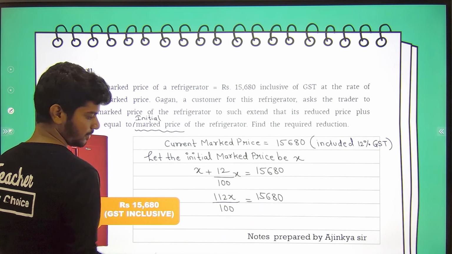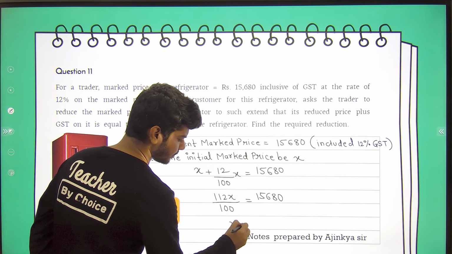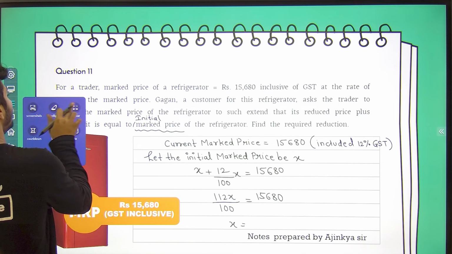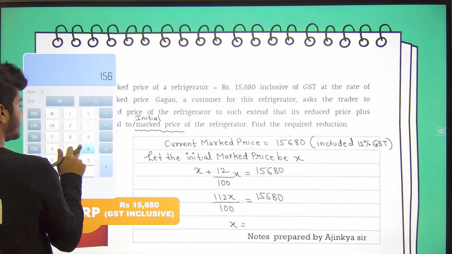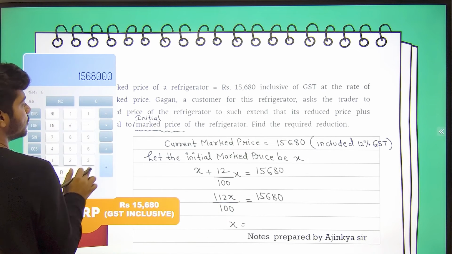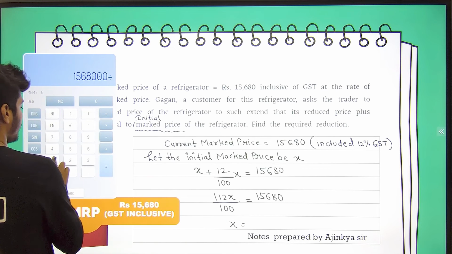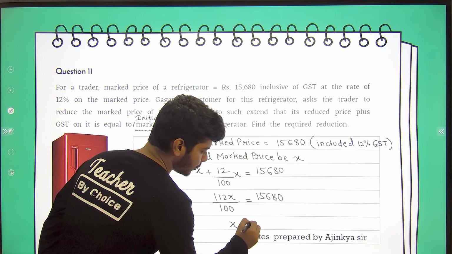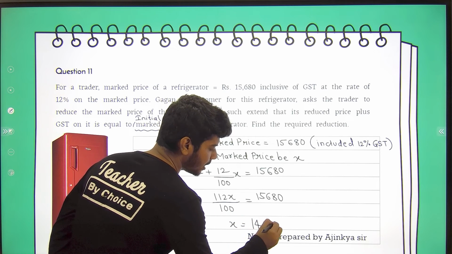So X in this case would be 15680, let's add these two zeros also, 00, divided by 112. How much will you get? 14,000. So you will get 14,000 as your initial marked price.